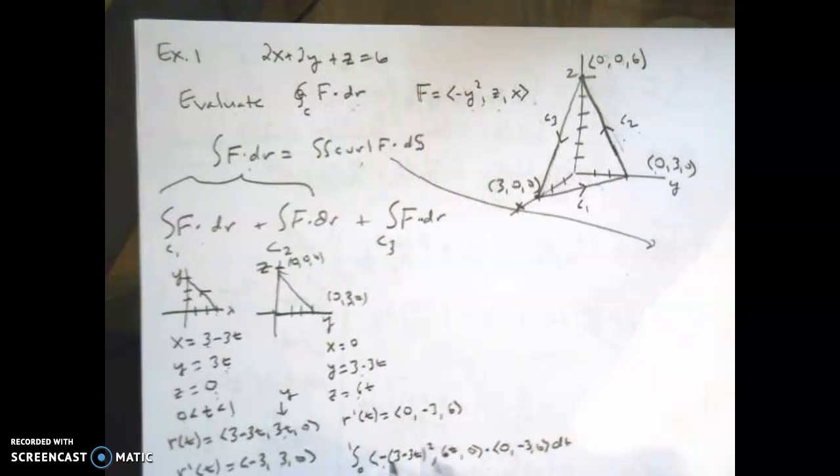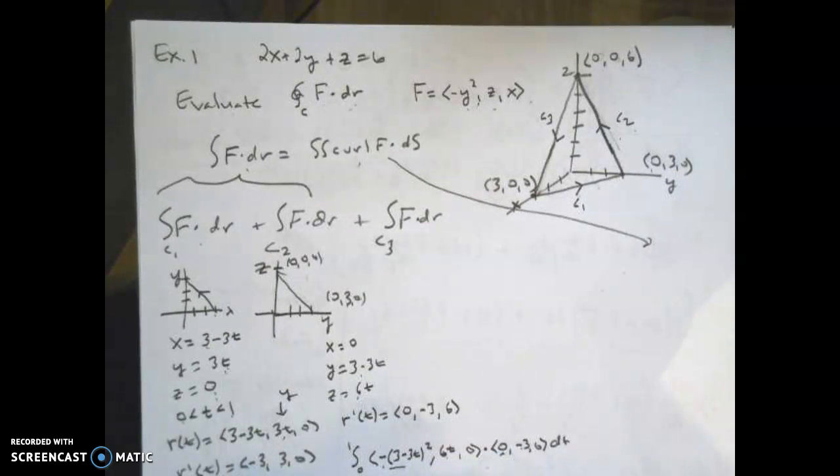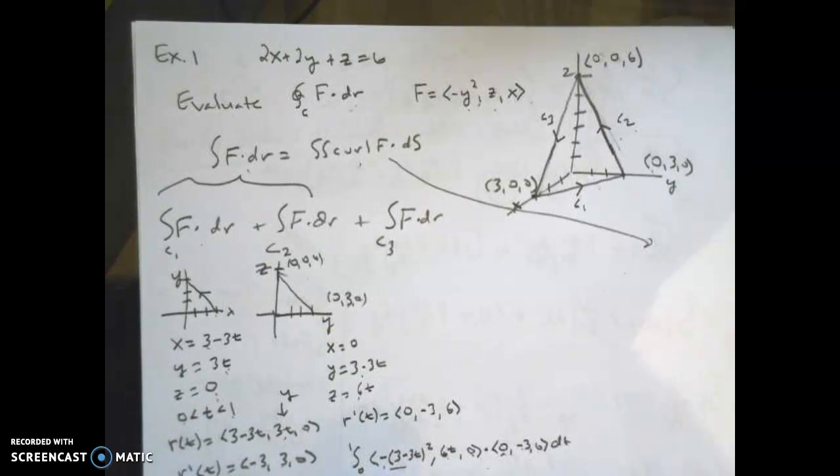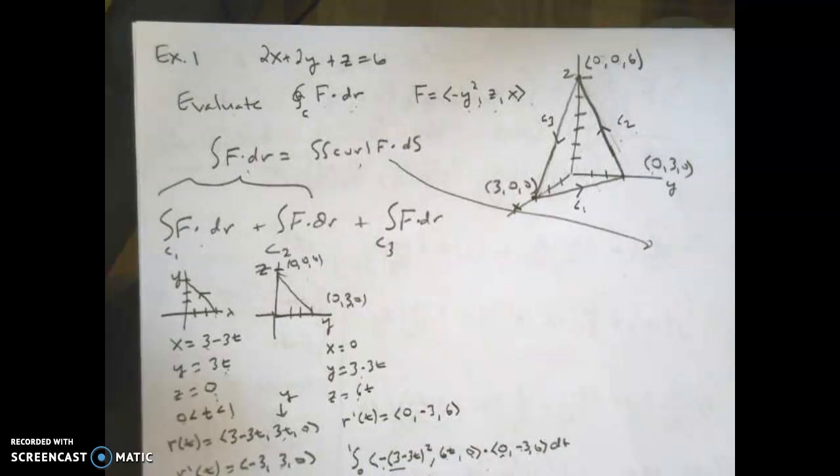Fortunately, this thing times 0 is 0. So what I get is negative 18t dt, from 0 to 1. So negative 18t squared over 2, so negative 9t squared from 0 to 1, so I get negative 9. Sorry, can you see that?